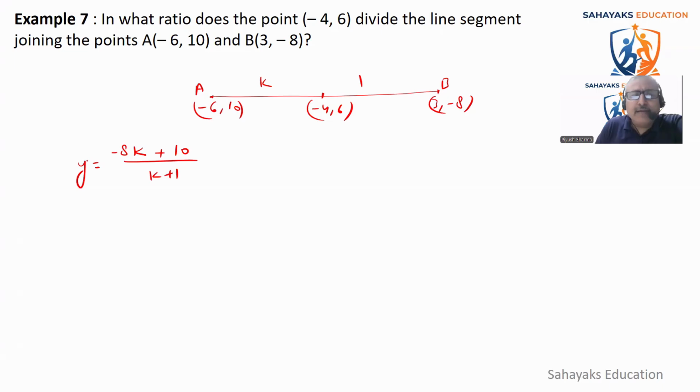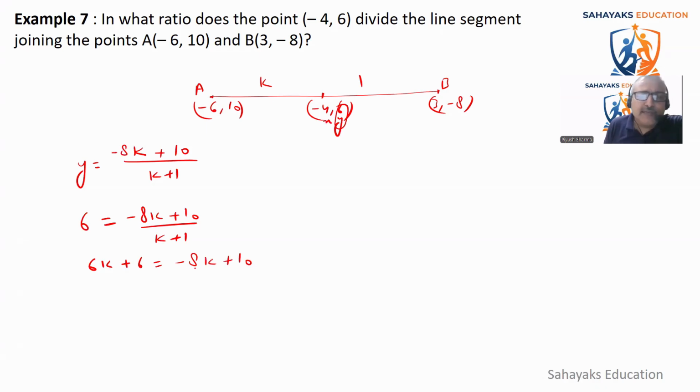And what's the value of y here? The value of y is 6. So I'll just write, this is the value of y. Okay, this is x and this is y. So the value of y is 6. So 6 is equal to -8k plus 10 divided by k plus 1. If I cross multiply, it becomes 6k plus 6 is equal to -8k plus 10.